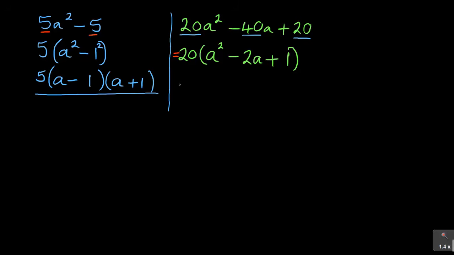So now moving on, this is equal to 20. Now we are supposed to factorize this part which is inside the bracket. Now, with a different pen, what I have is a squared minus 2a plus 1.